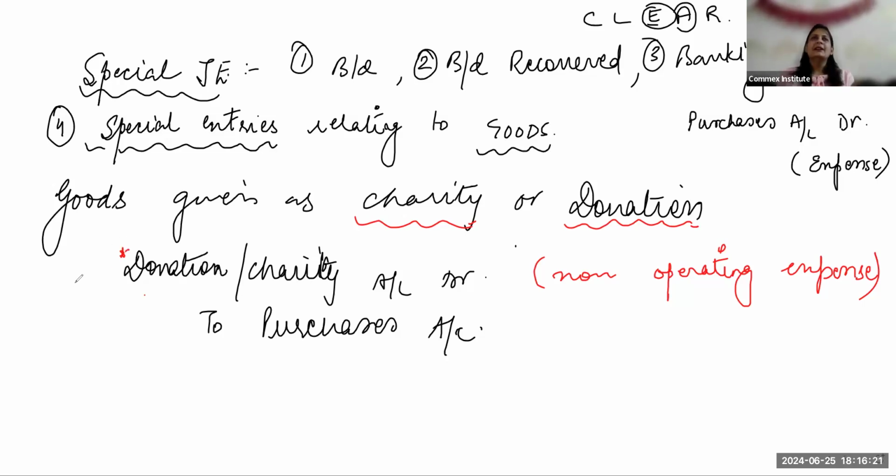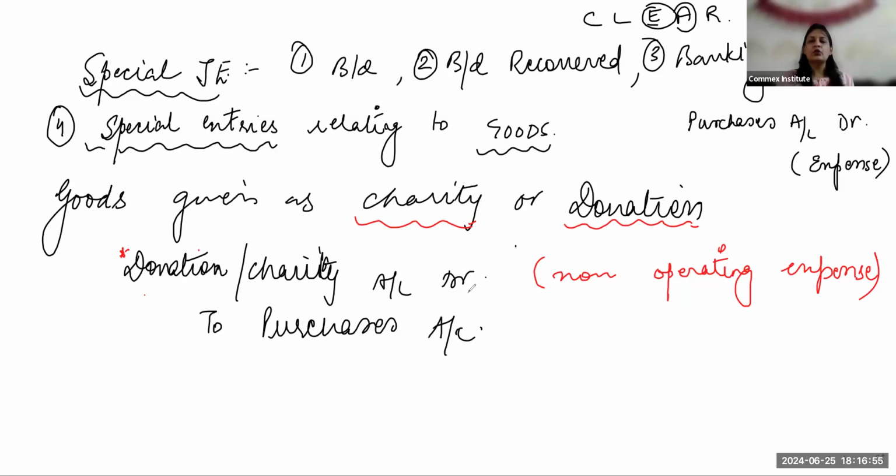Does it affect my operations? No. If somebody is comparing who is running business more efficiently, then should this expense be counted in that efficiency part? No, because this is not part of operations. This is just a person making a donation or charity out of empathy and not relating to the operations. So this is what we call a non-operating expense, right?